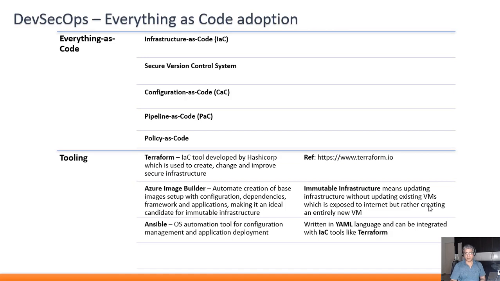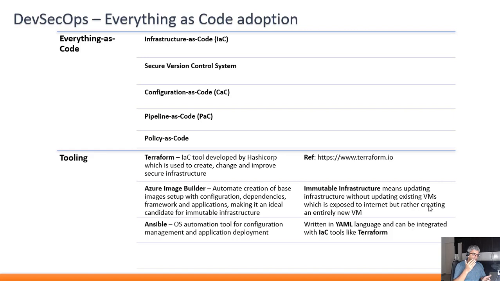Everything as code adoption is very important. Industry is right now moving in that direction. Everything should be as code. It's not only your code that is getting deployed to the environment. You need code for your infrastructure. You need code for the pipeline that you are building.